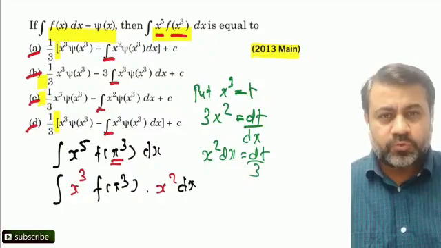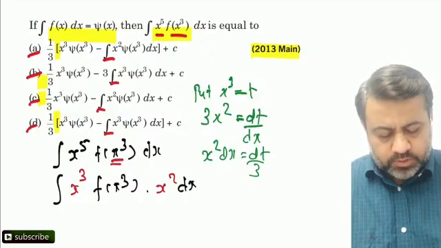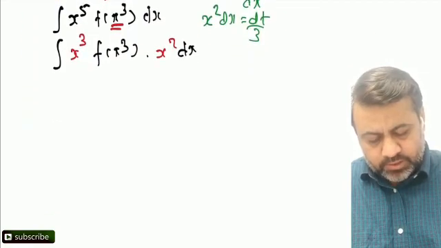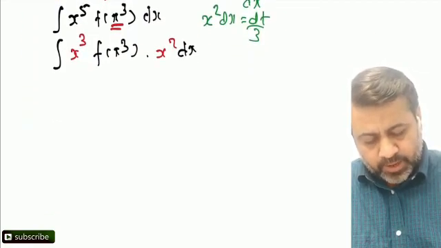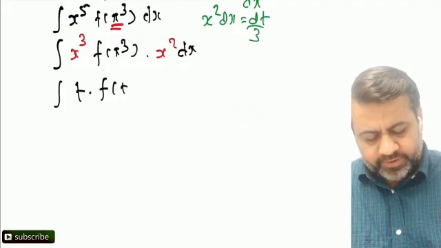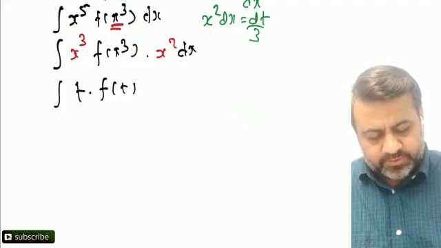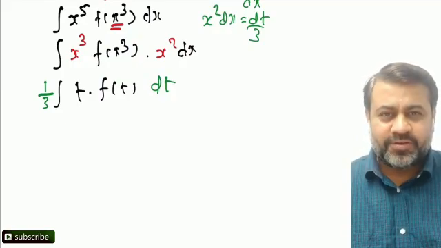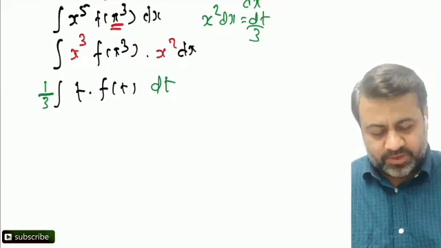These are the first 2-3 thoughts that come into mind, and we just apply this. If we just focus on the integration part, we get t times f of t, and x square dx we write as dt by 3, and that 1 by 3 I am keeping outside because it is a constant. Now we have to just apply the integration by parts concept.